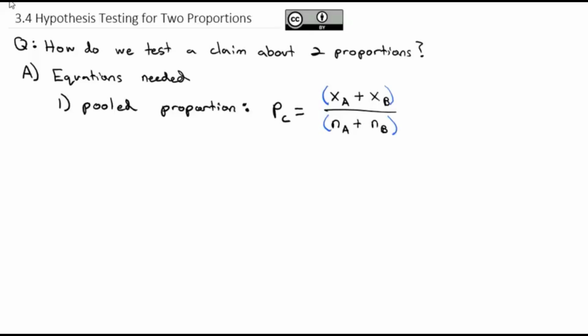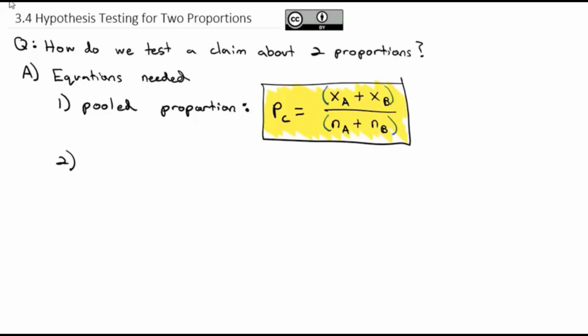If your proportion is not between 0 and 1, check the order of operations. So this is our first important formula, finding the pooled proportion in order to test the two proportions, if there was no separation of the groups.